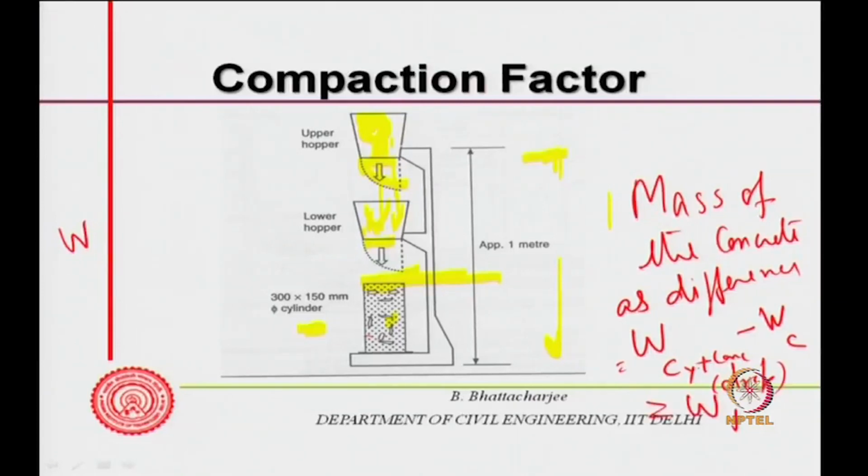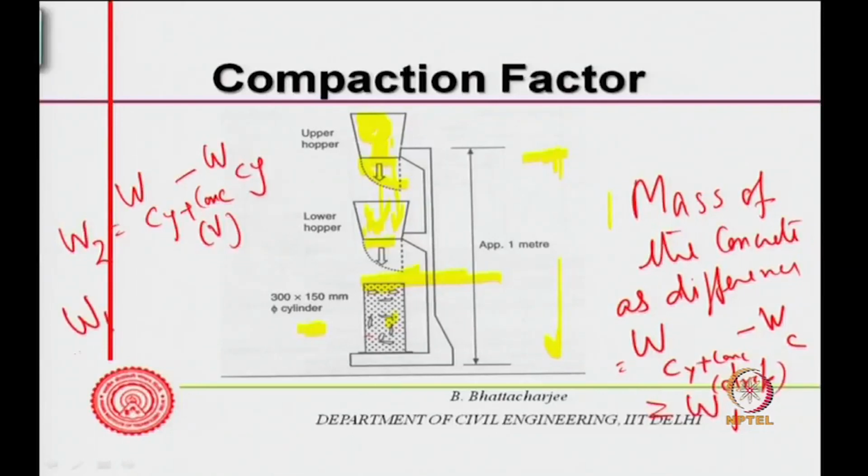Then similarly, you fill it in and compact it fully on a vibrating table, and then you get W 2 equals W of cylinder plus concrete after vibration, minus W cylinder. So, W 1 divided by W 2 we call as compaction factor.